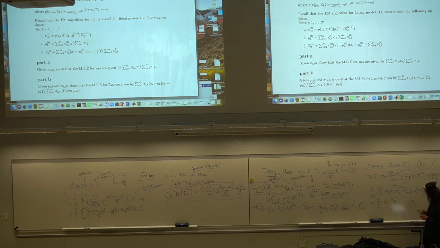I need the chain rule, so that's going to put a negative sign on here, times pi I 2. And I'm going to set this equal to 0, and as soon as I do that, I throw hats on everything. And then we're going to solve for pi 1 hat.